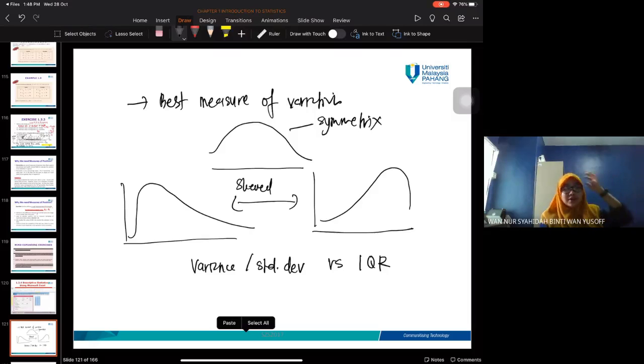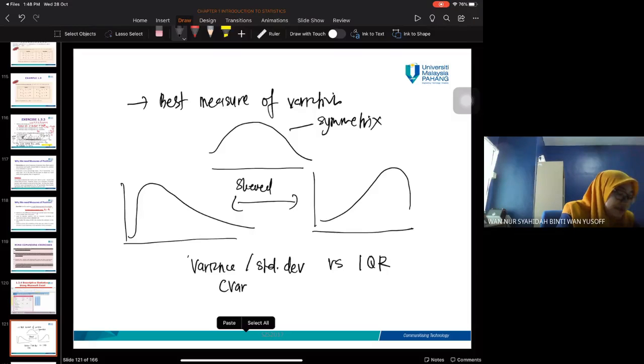Similar if you have CVR, also similar here. We do not consider the range because it is a rough measure of variability. So the candidates are variance, standard deviation, and CVR.